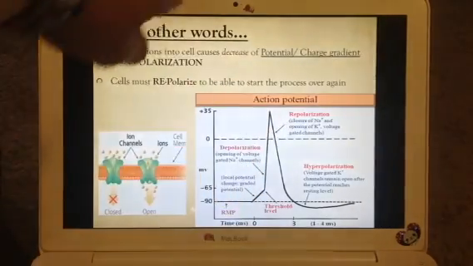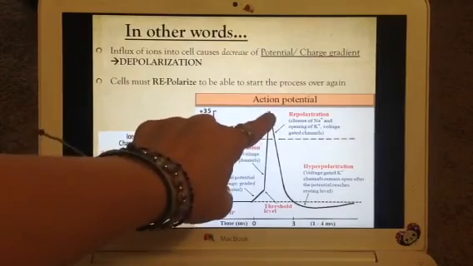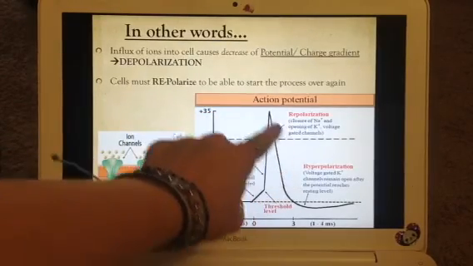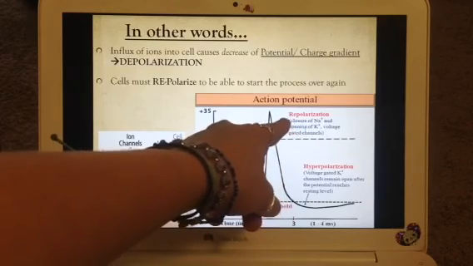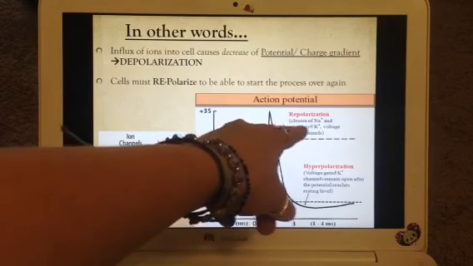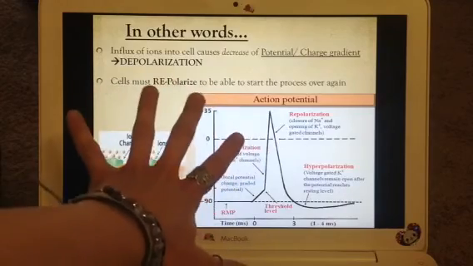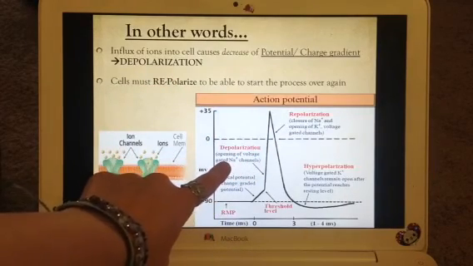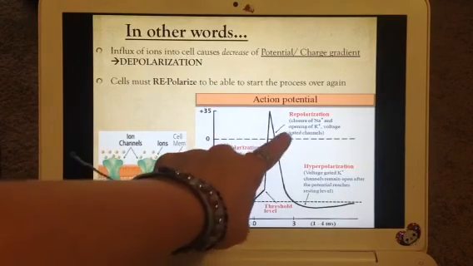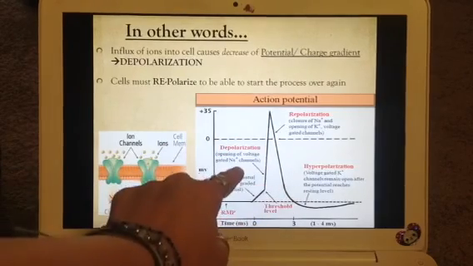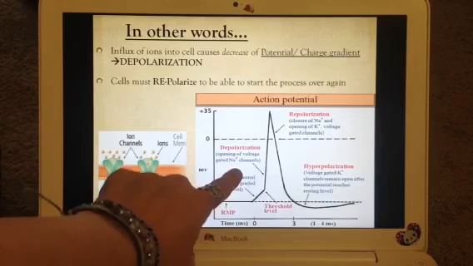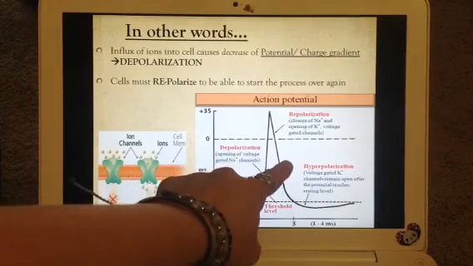And then, just as important as the depolarization is the repolarization. And why is the repolarization so important? So re means to go back to, right, to return, and polar means difference. So at this point you're becoming less different, less negative. At this point you're going back to being negative again. And in order for this to happen, which is going to correlate to the contraction, you need repolarization, right?